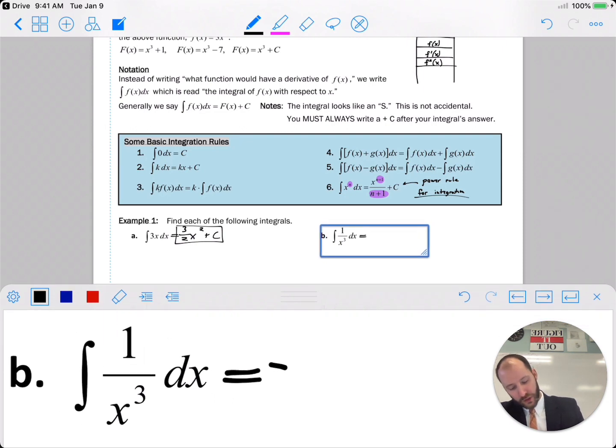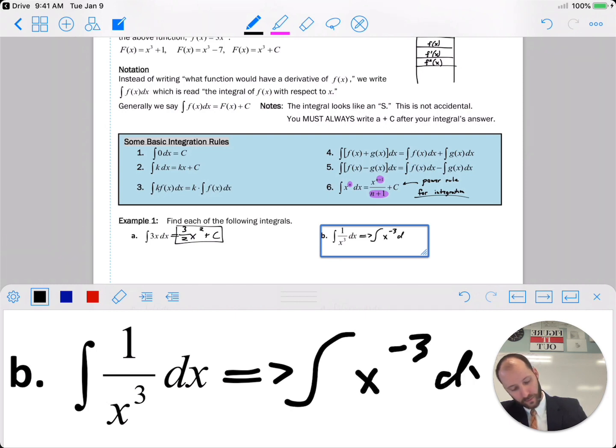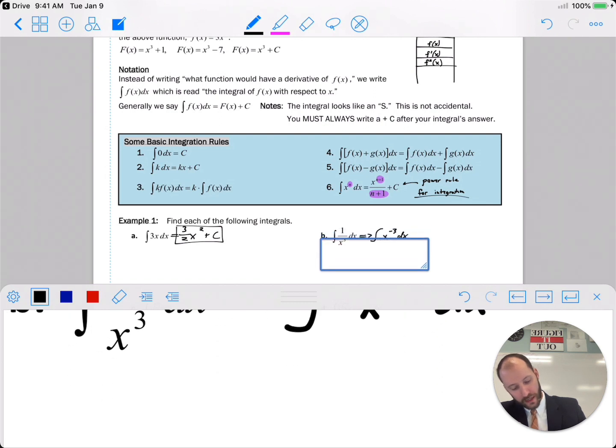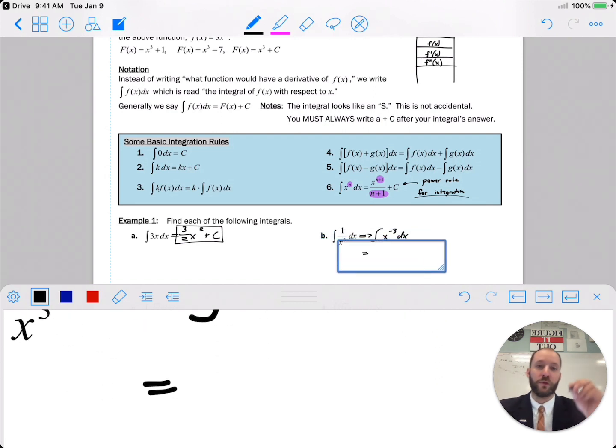1 over x cubed. Not a bad idea to do a rewrite. And then go ahead and do your power rule for integration. Increase the exponent by 1. And be careful, -3 increased by 1. So x to the -2. And then divide by your new exponent.